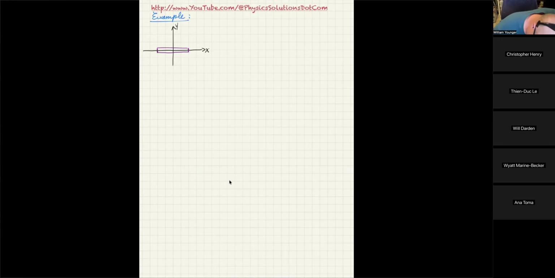And what I'm going to say is this rod has a mass M and length L, and the mass is uniformly distributed.